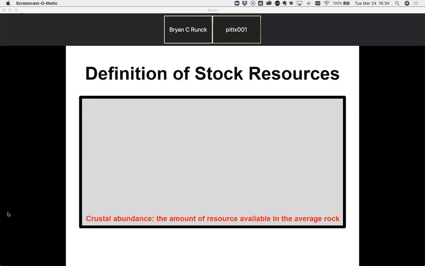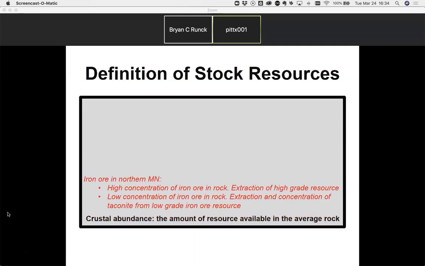We can define this graphically by talking about crustal abundance. The technical definition of crustal abundance is quite interesting. It's the amount of resource available in the average rock, whatever that means. At any rate, we can define crustal abundance, the amount of resource that's available in the environment.